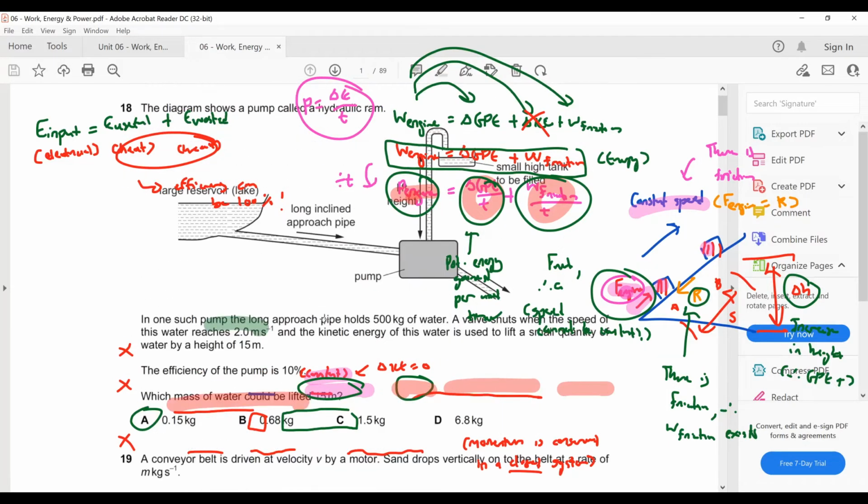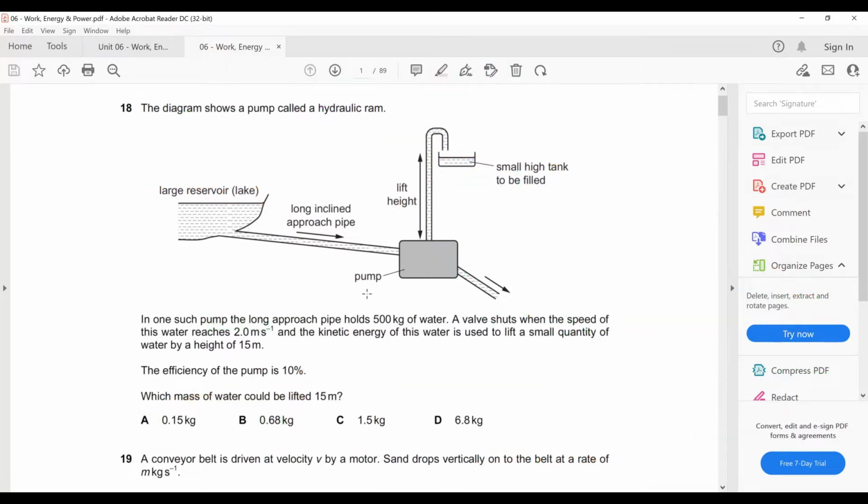Then we look at 18, the next question. Now the diagram shows a pump called a hydraulic ram. In one such pump, the long approach pipe contains 500 kg of water. A valve shuts when the speed of the water reaches 2 meters per second, and the kinetic energy of this water is used to lift up a small quantity of water by a height of 15 meters.